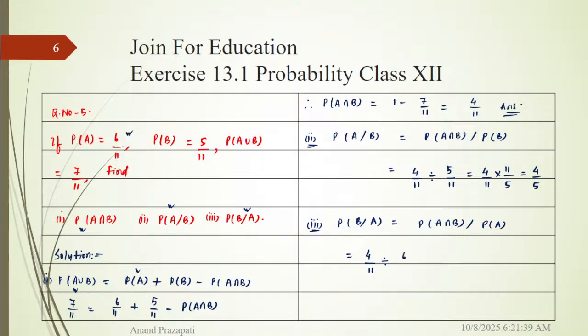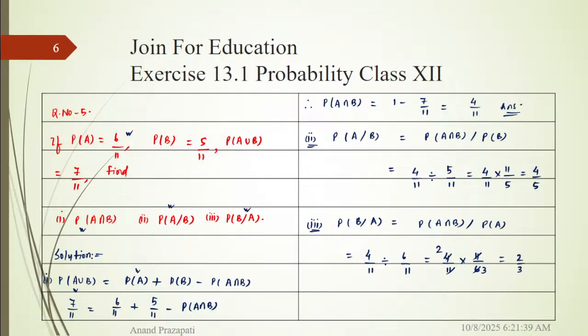Here will be 4 by 11 into 11 by 6, so this one cancels out and we cancel the common factor, 2 2 is 4 and 2 3 is 6, so here will be 2 by 3.